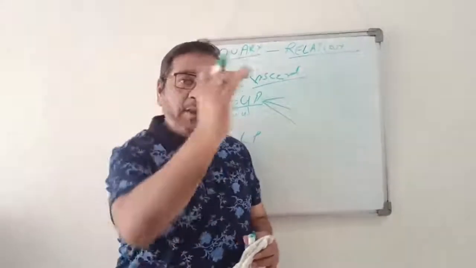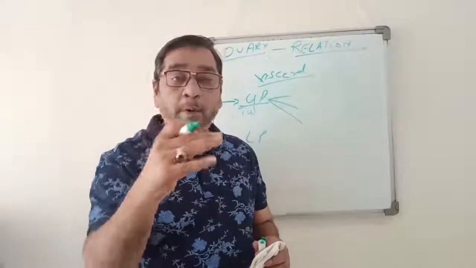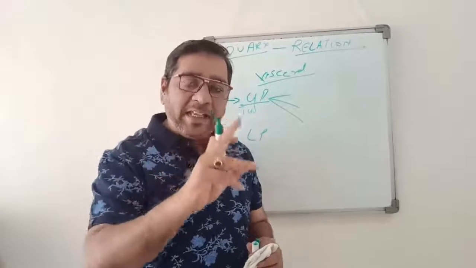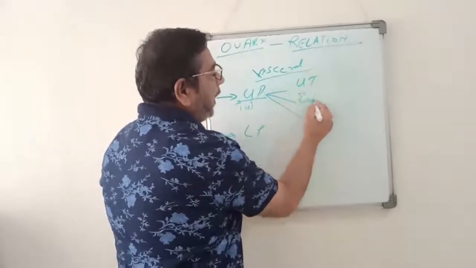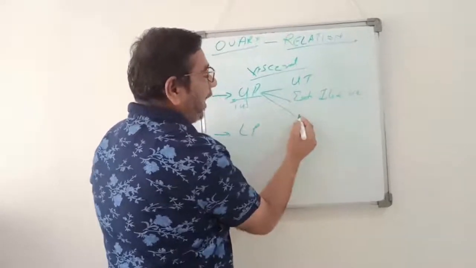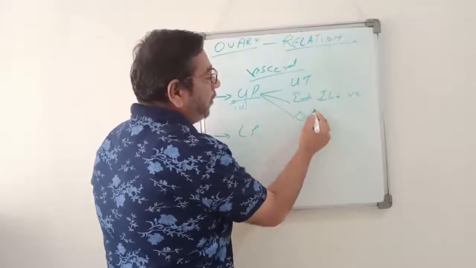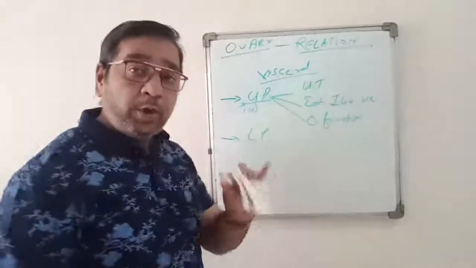ओवरीज, उसके ऊपर यूट्राइन ट्यूब। ओके, देन यू हैव द ओवेरियन फिम्ब्रिया एंड द एक्सटर्नल इलियाक वेन। सो यू हैव द यूट्राइन ट्यूब, एक्सटर्नल इलियाक वेन एंड द ओवेरियन फिम्ब्रिया। This is the relation of the tubal pole.